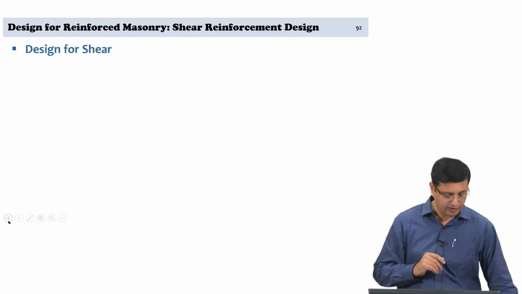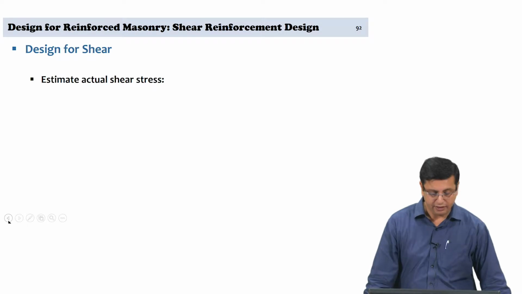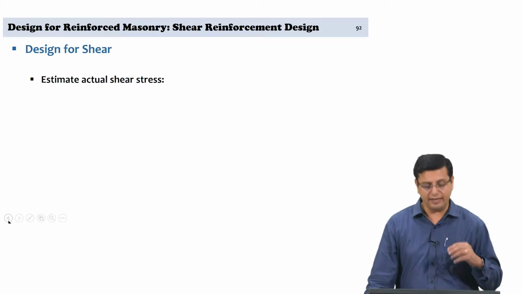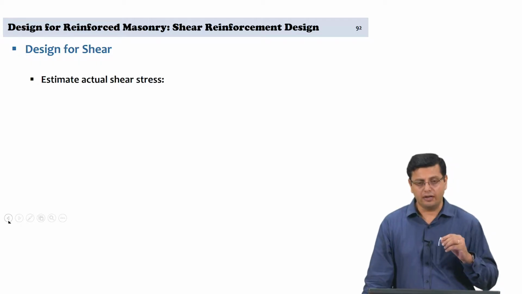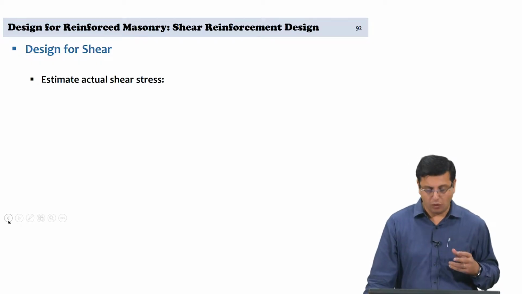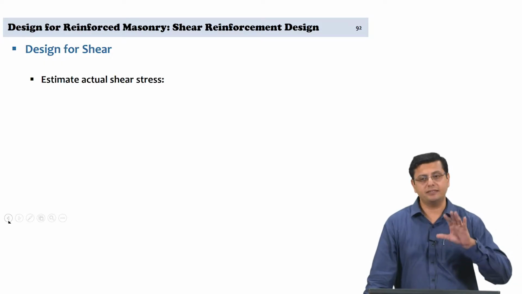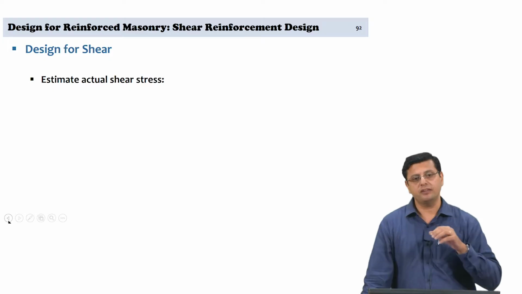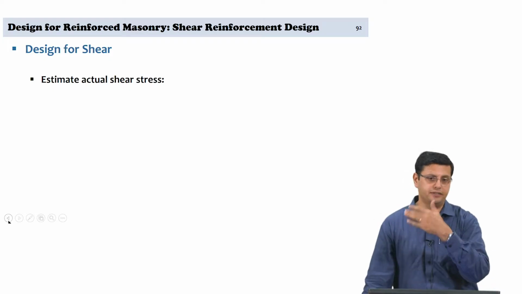So, as far as design for shear is concerned, we are really beginning with an estimate of the actual shear stress that is expected on the masonry wall. Now, I am assuming that we have already estimated the shear force that has to be attributed to a given pier in a masonry wall.